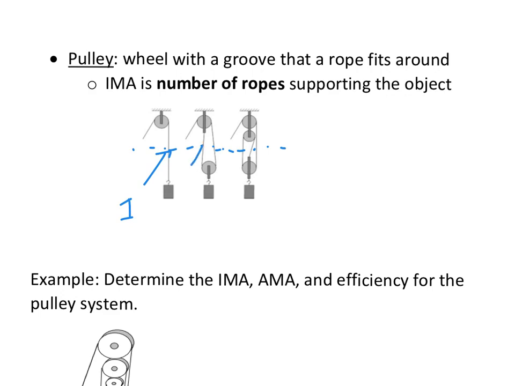This one has 2 supporting ropes, so this IMA would be 2. And this one has 1, 2, 3 supporting ropes, so the IMA there would be 3. So IMA for pulleys is just the number of ropes.